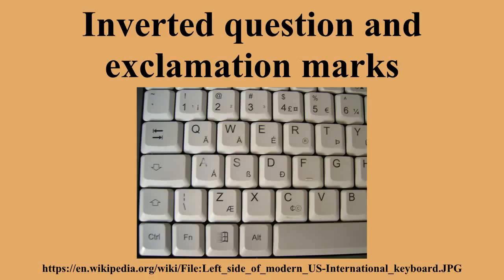In Microsoft Word, the inverted question and exclamation marks can be typed by holding down the Control, Alt, and Shift keys while typing a normal question or exclamation mark, or by typing either mark at the start of the sentence whilst in the Spanish language mode. Windows users with a US keyboard layout are able to switch to the US International layout.